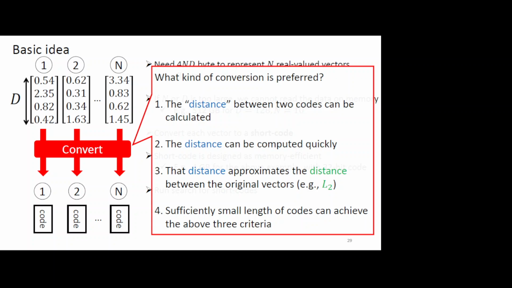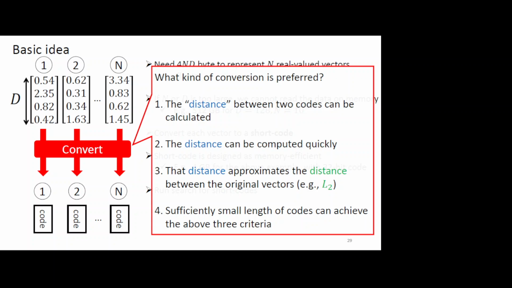Okay, it's easy, but because they are short, the computation can be more efficient than when you compute with the raw data. And the distance should be approximate to the original distance.